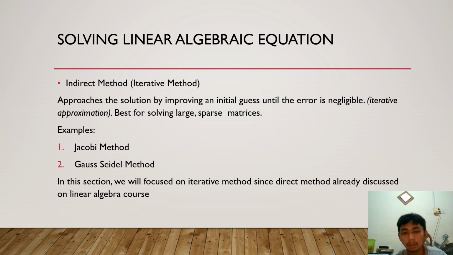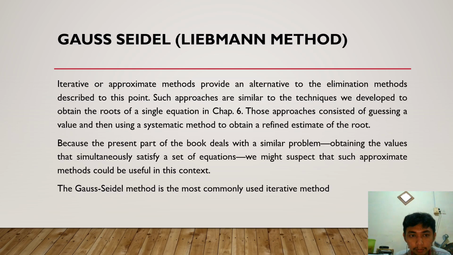For this course, we will focus on iterative methods, since the direct method is already discussed in the linear algebra course. So we will discuss the Gauss-Seidel or Liebman method. Iterative or approximate methods provide an alternative to the elimination methods described to this point.